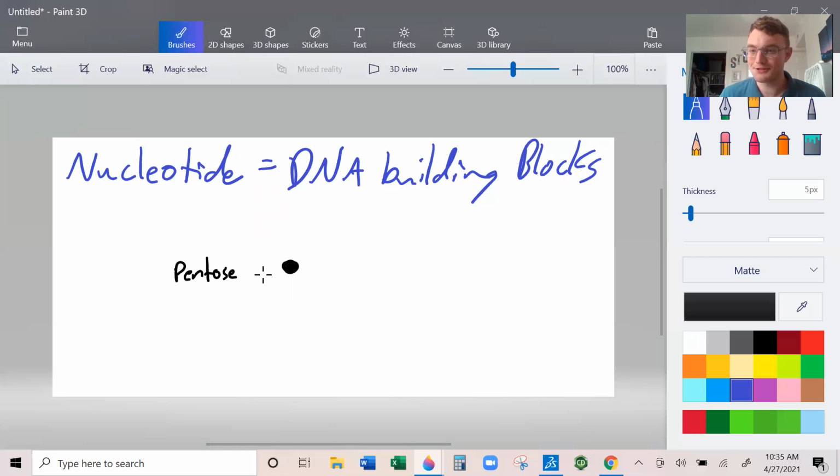Really, it just has 5 carbons in it, so it actually is shaped like a pentagon, and I'll show you a picture of that later. You don't need to know that, but that's where the name pentose comes from. It's a pentose sugar, or sometimes we just call it the sugar. Poking off of it on one side is what we call the phosphate.